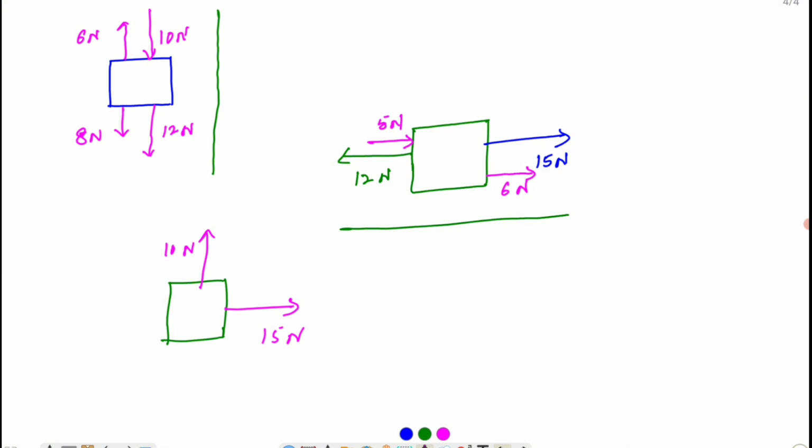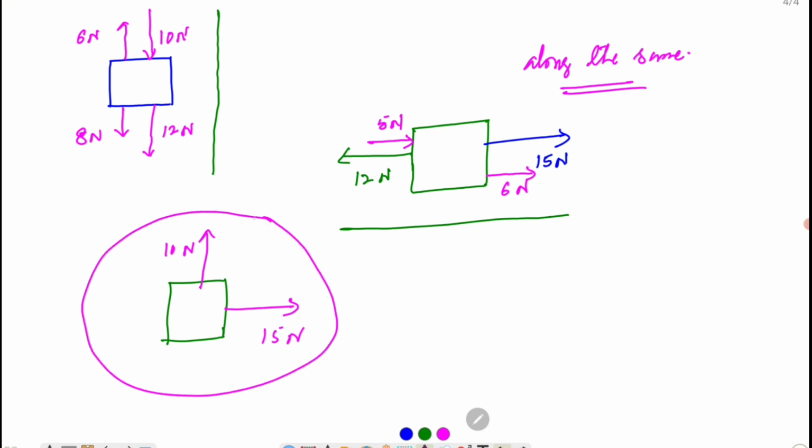Clear, children? When the forces act along the same line, simply you use this method to find out the net force. In this case, we can't use that method.